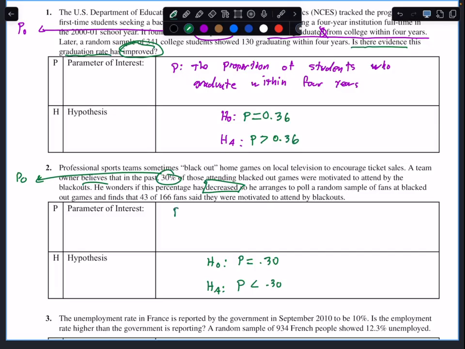But again, what is p? Well, p is the proportion of, and literally all I have to do is copy what it says: those attending blacked out games motivated by blackouts.